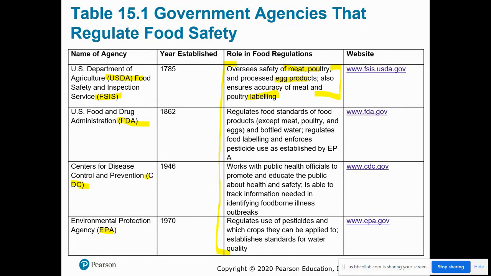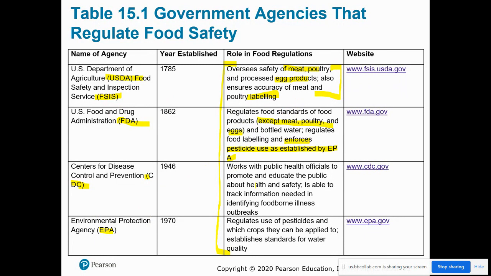The Food and Drug Administration regulates standards of food products and bottled water, except for meat, poultry, and eggs. So the FDA does all other food products. They also regulate food labeling and enforce pesticide use. And pesticide use is first established by the Environmental Protection Agency.